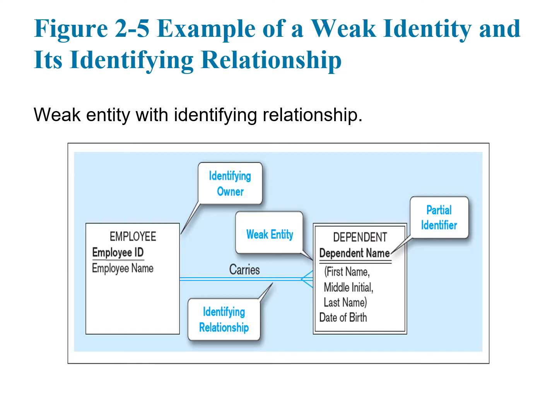And the double line also shows the weak entity's relationship. So: strong entity, weak entity, identifier, partial identifier.